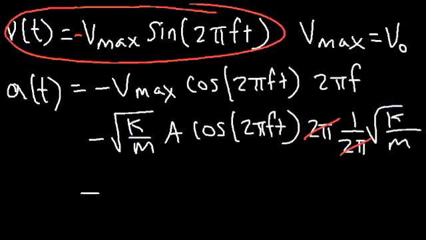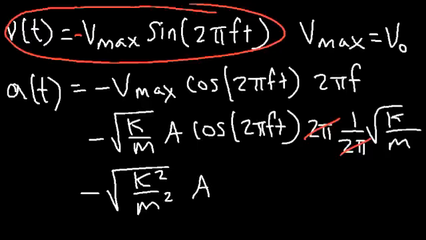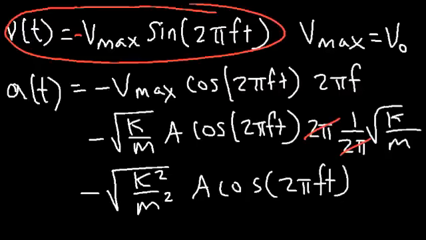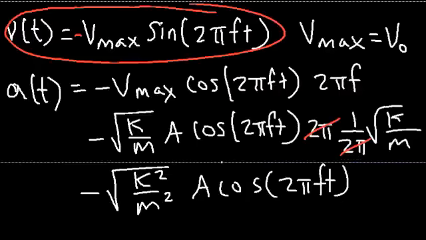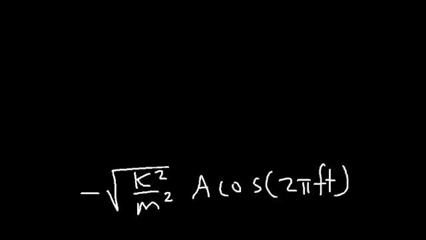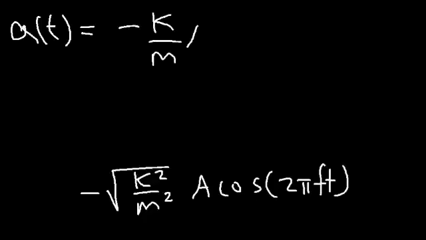This time they don't cancel. So we have k squared over m squared, a cosine 2 pi ft. The square root of k squared is simply k, and the square root of m squared is simply m. So the acceleration as a function of time is negative k over m times a cosine 2 pi ft.